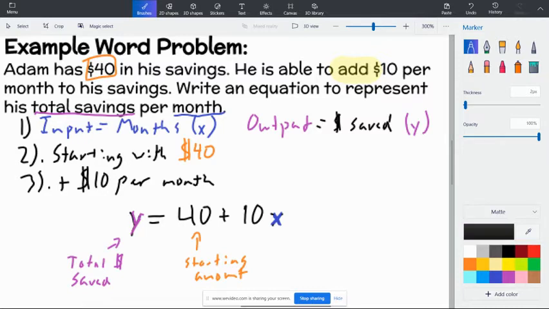And last thing, this 10, the rate of change, is how much added or subtracted, in this case added, per month. Okay. So again, our formula is the output equals the amount we start with, which is 40, plus the rate of change times the input. It's a pretty standard formula we can use. If you identify these 3 things in your function, you're going to have a pretty easy time looking through this.